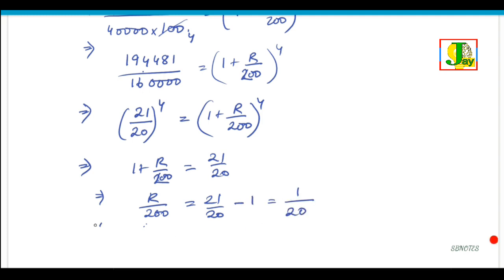So r equals 200 by 20, that is 10% per annum. So the rate of interest is 10% per annum.